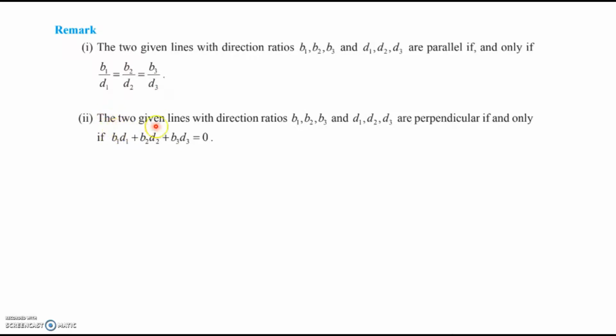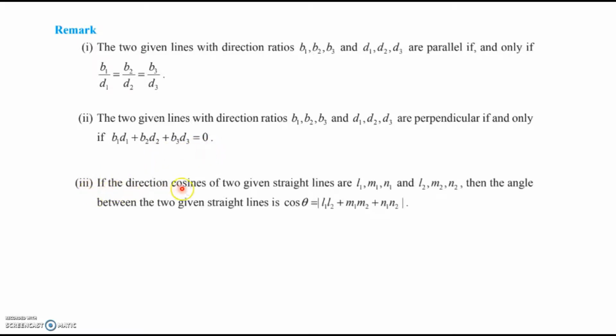Similarly, the two given lines with direction ratios b1, b2, b3 and d1, d2, d3 are perpendicular if and only if the dot product of b with d is equal to 0, which is b1 d1 plus b2 d2 plus b3 d3 is equal to 0.